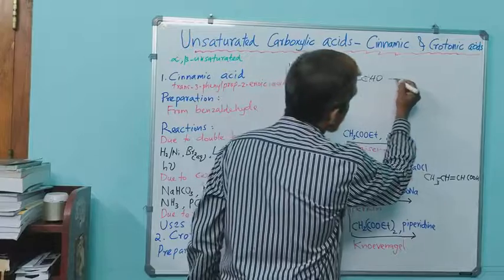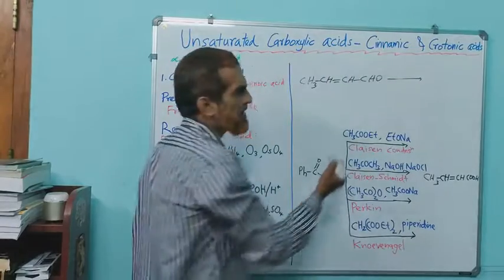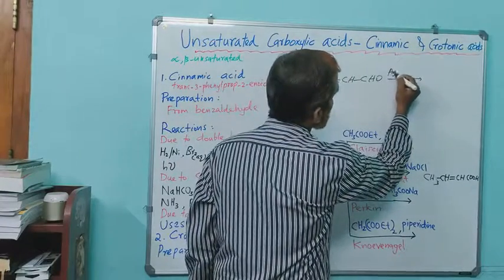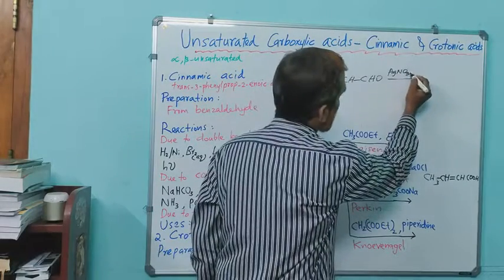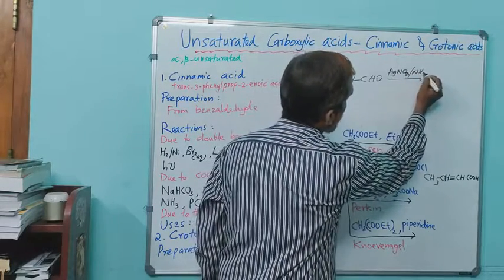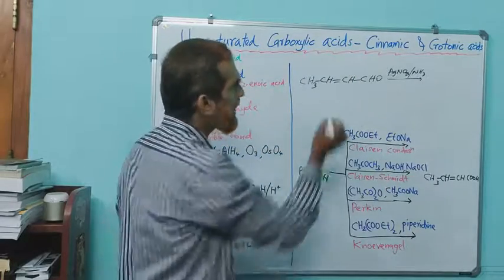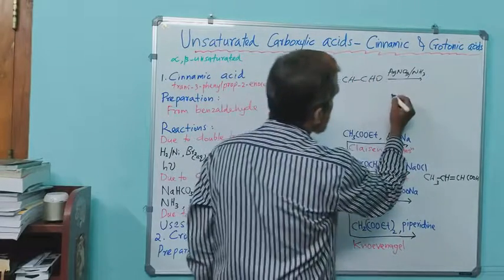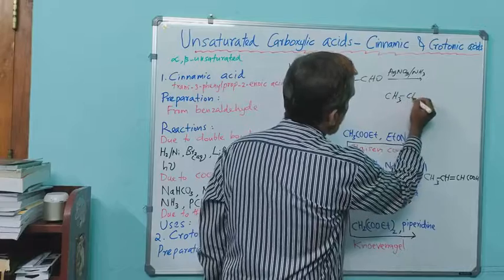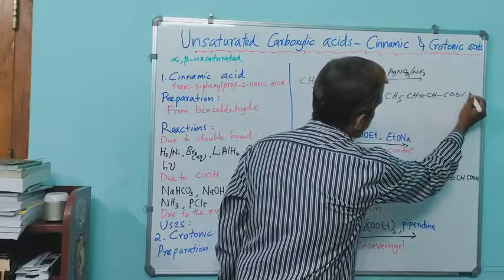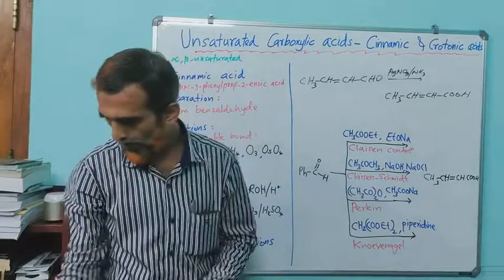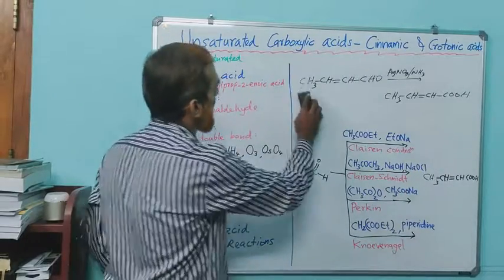This can be easily oxidized using very mild oxidizing agents like ammoniacal silver nitrate, you know, like Tollens reagent. So if you use ammoniacal silver nitrate, it's a mild oxidizing agent. This group can easily oxidize into which one? Acid group. So you get crotonic acid. So these are important preparatory methods for these acids.